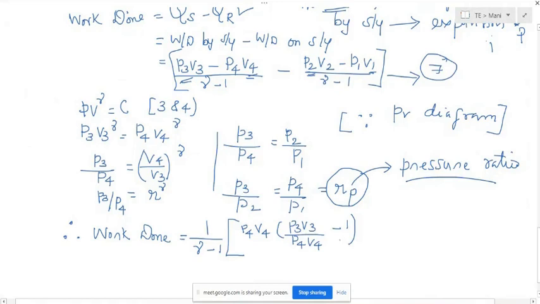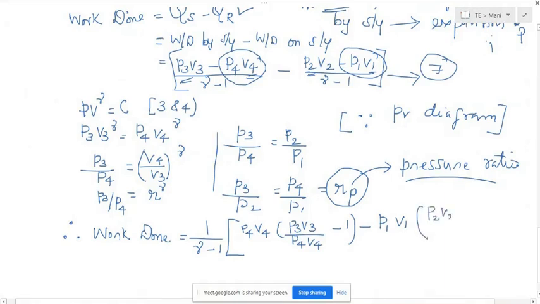From equation 7, I am taking gamma minus 1 outside, and the rest will be P3 V3 minus P4 V4, minus P2 V2 minus P1 V1. Again I am taking P4 V4 outside from the first term, and from the second term P1 V1, only to simplify the equation.